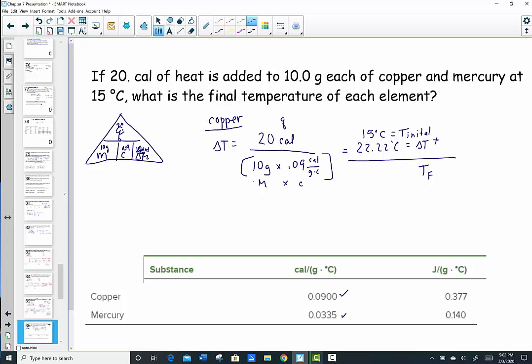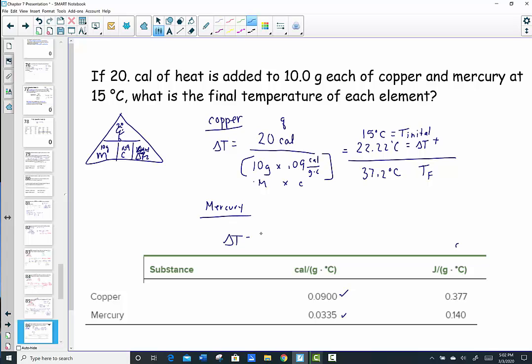So I'm going to just add those two together, and the final thermometer will be 37.22. I'll just leave, that's close enough, 37 degrees Celsius for copper. What about for mercury?